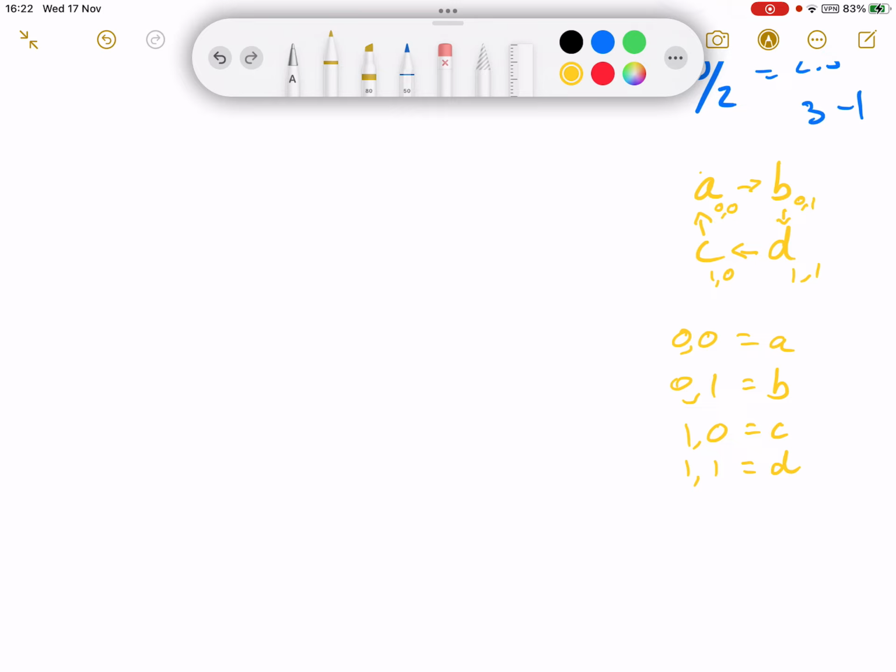Then since they're just 4 points, I don't think you need any clever loops and stuff.